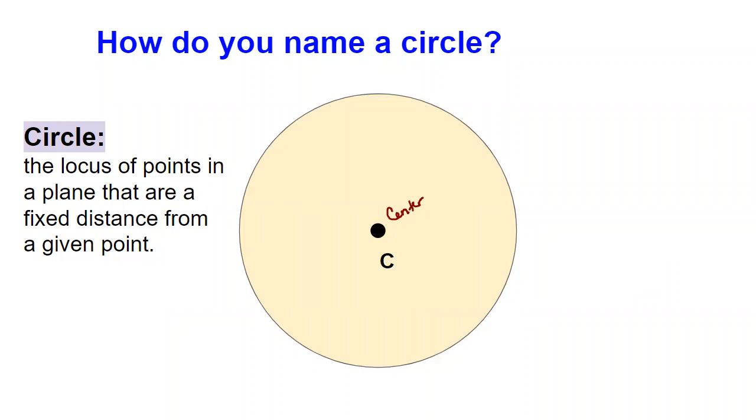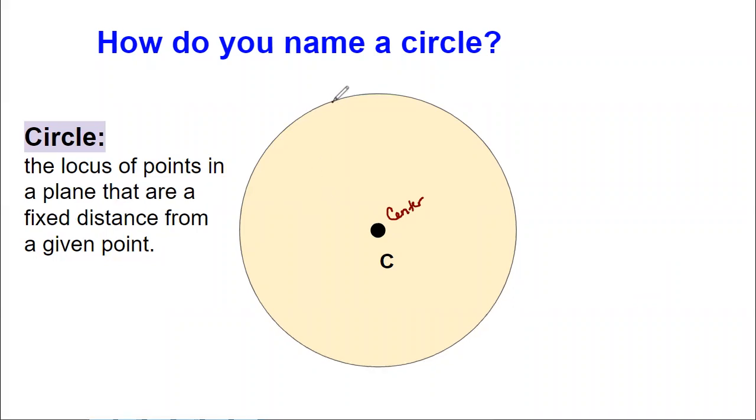If I were to measure the distance from this point to this point, it would be the same measurement. From this point to this point, same measurement, and so on and so forth. So I'm able to construct my beautiful circle with all those points that lie equidistant, the same distance away, from that fixed point, which is my center.